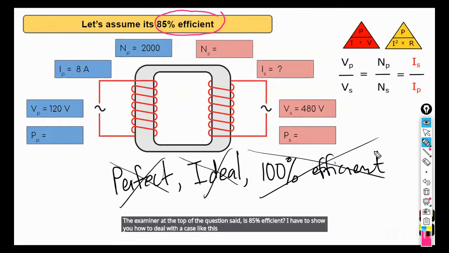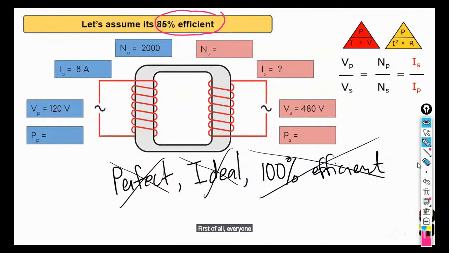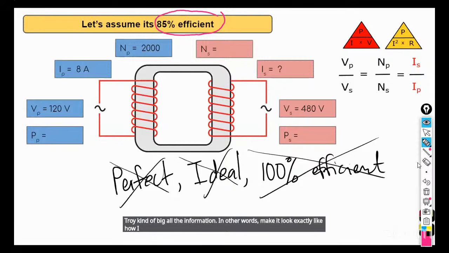First of all, everyone take down the diagram in detail. Draw it kind of big, take down all the information. In other words, make it look exactly like how I have it here.